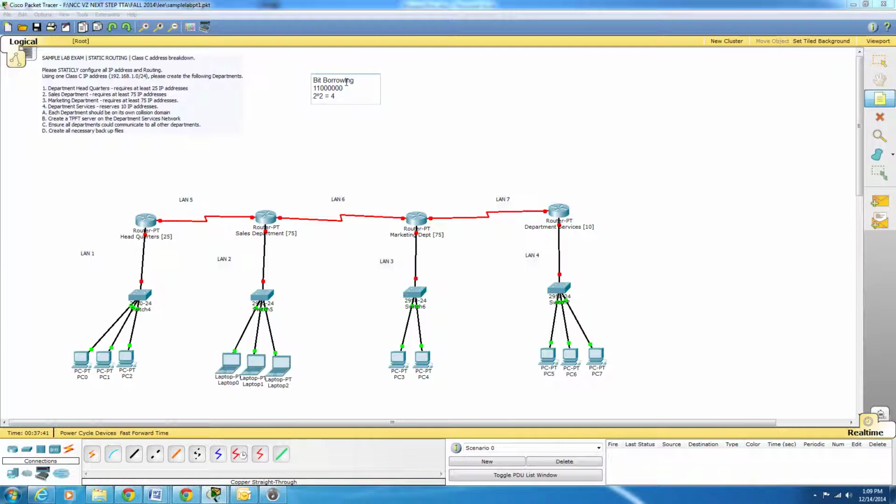So that will tell you that you would get 4 segments, and with the zeros, you count the zeros. So when you count these zeros, you get 6 zeros left. So 2 to the 6 equals 64. And that will give you 4 segments of 64 IP addresses each.